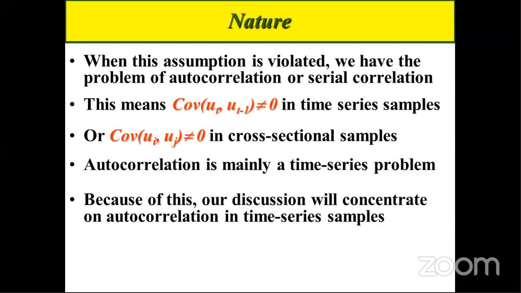Because of this, our discussion will be concentrated only on the autocorrelation problem in time series samples. That's why the next discussion related to the nature, the causes, the diagnostic tests and so on is only related to the problem of autocorrelation in time series type of data.